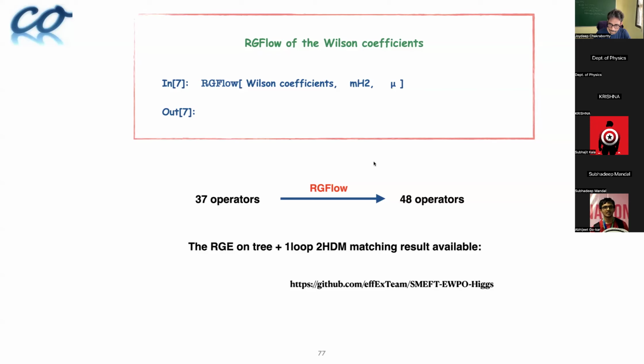If we're doing a top-down approach, at that cutoff scale I have these 37 operators, and then I'm studying how these Wilson coefficients come out at the electroweak scale or some low scale. So this 48 that I'm getting is coming from this 37 subset? Exactly. Yeah.